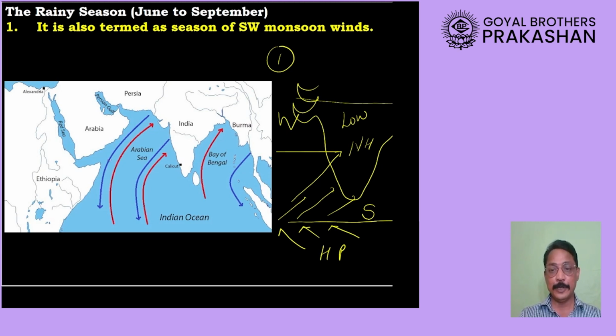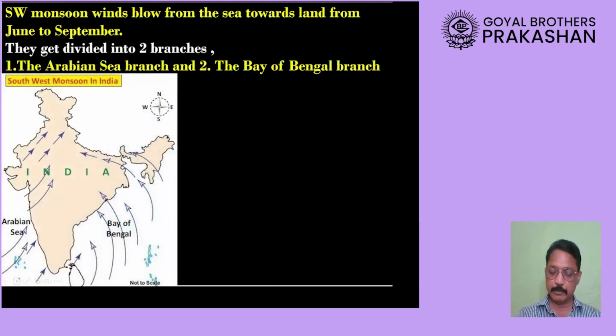According to the Coriolis force, wind and water moving in the northern hemisphere are deflected towards their right side. These winds, as they are moving between south and west, that's why we call these winds southwest monsoon winds.